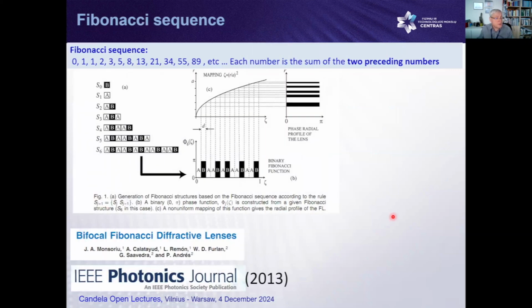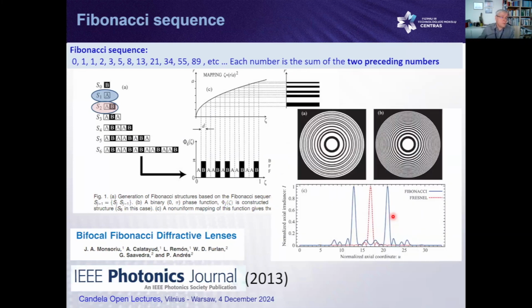So the Fibonacci sequence is known, where each number is the sum of the 2 preceding numbers. In optics, we have something like that. It means we have a radial, not simultaneously distanced optical element, which is the so-called Fibonacci lens. And the main particular feature is 2 points.